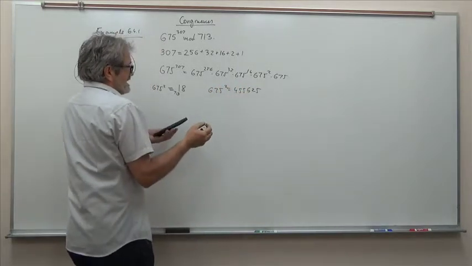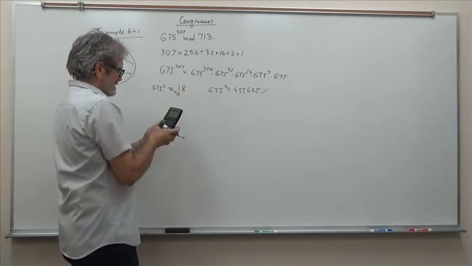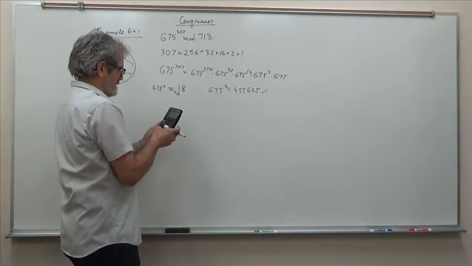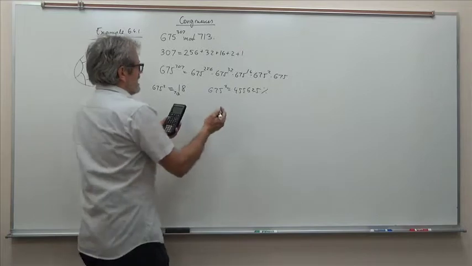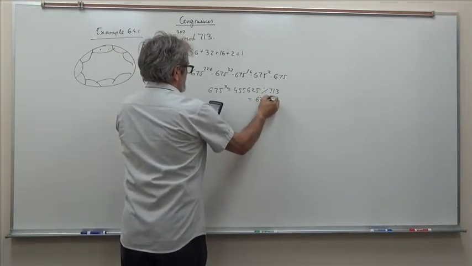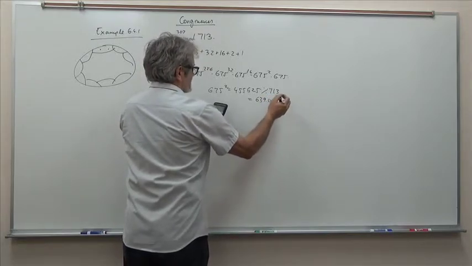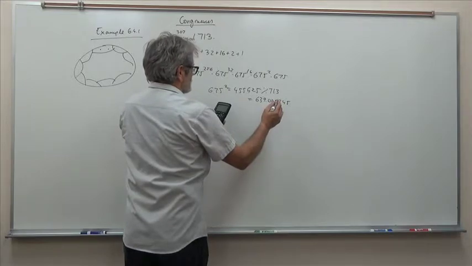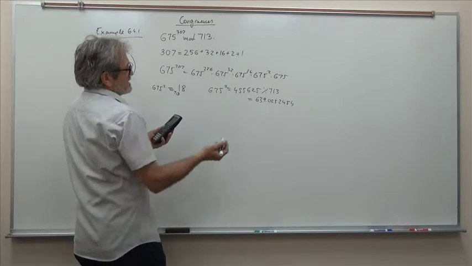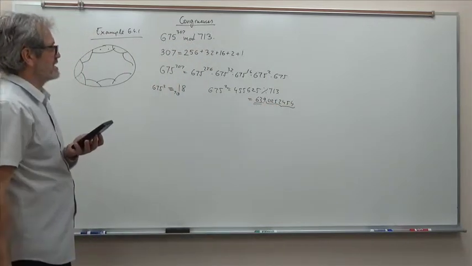455,625. Then I divided that by 713 and got 639.0252454, something like that. This is the quotient, and the remainder in fractional form.